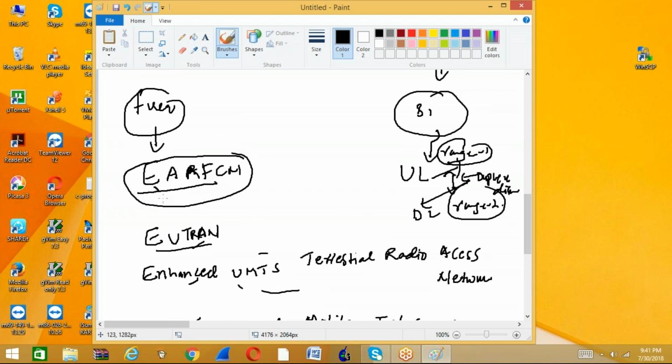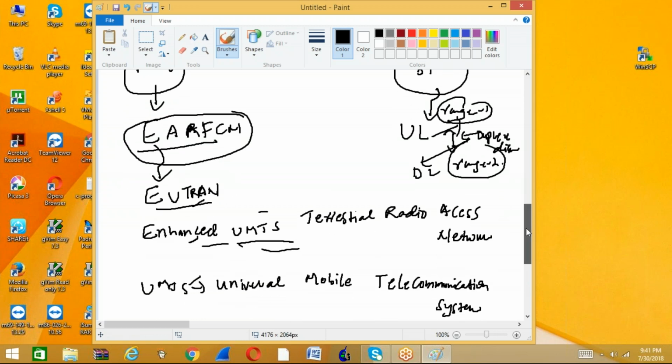In EARFCN, E stands for E-UTRAN. E-UTRAN stands for Enhanced UMTS Terrestrial Radio Access Network. Now the remaining part, ARFCN, stands for Absolute Radio Frequency Number.